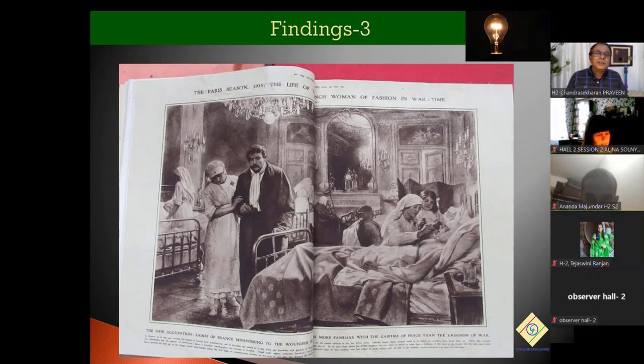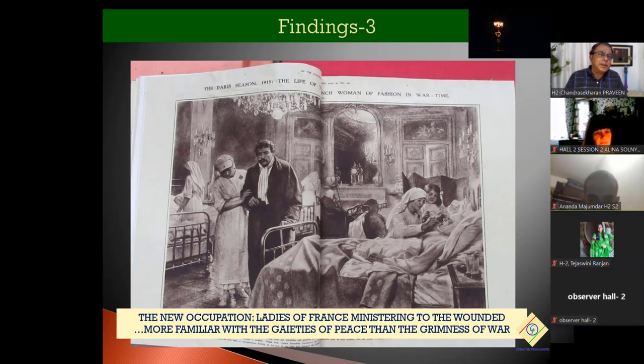Now, you look at the title, this is again from the same Illustrated News, but you look at the description: the new occupation. Ladies of France. France was supposed to be the nation where fashion is prominent, and Britain disliked, as even Ajumda mentioned earlier, the constant conflict between Britain and France, how the British hated them.